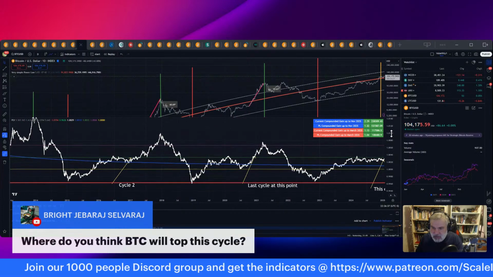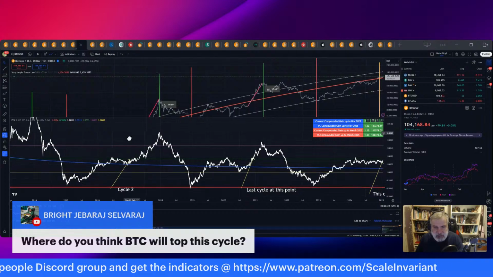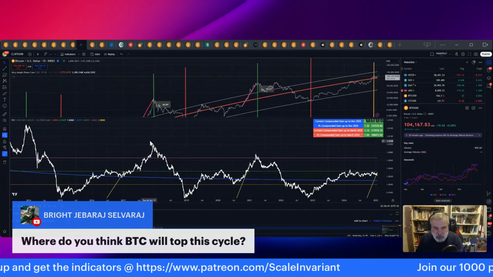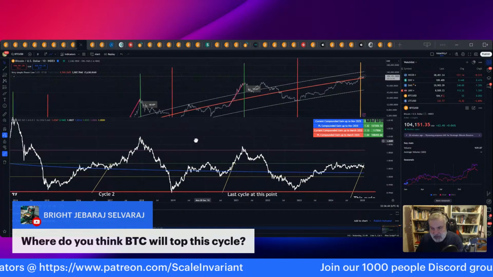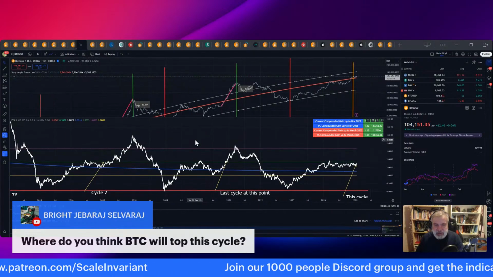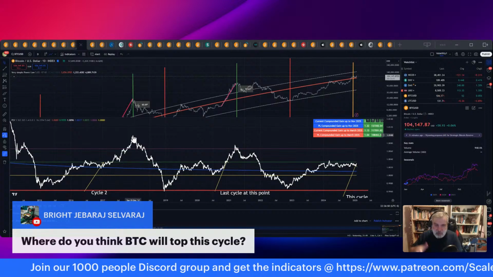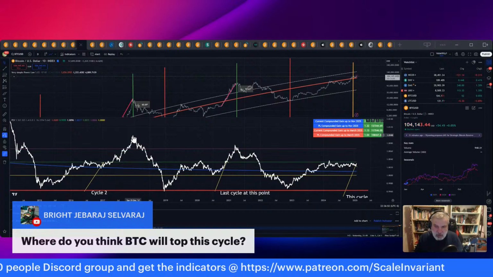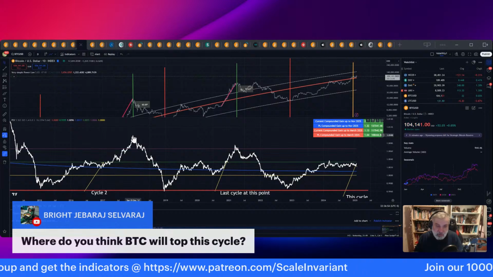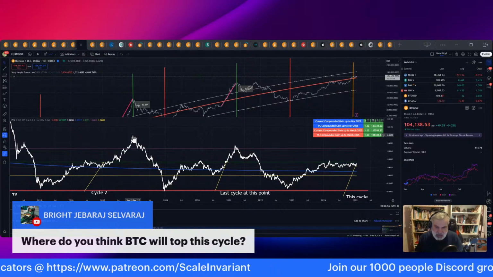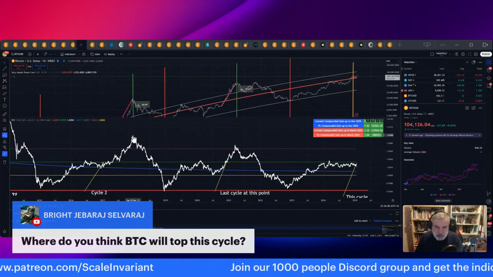So this white line, this is another indicator that we have: at any point you hover over the graph, it tells you, if you look backwards 1 year, what was the average return per day up to that point.